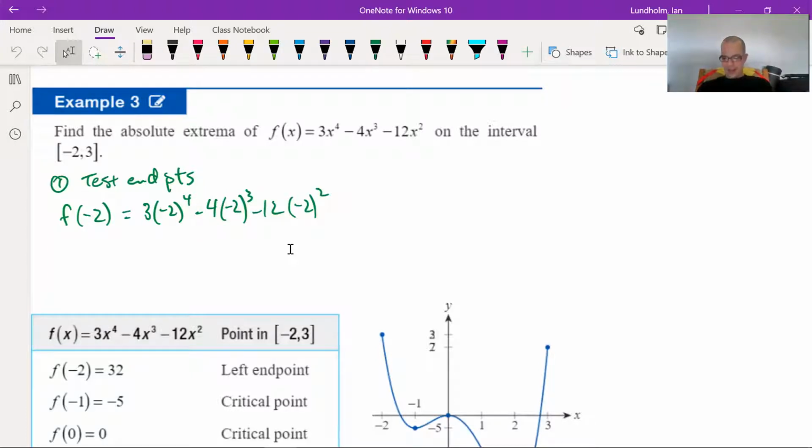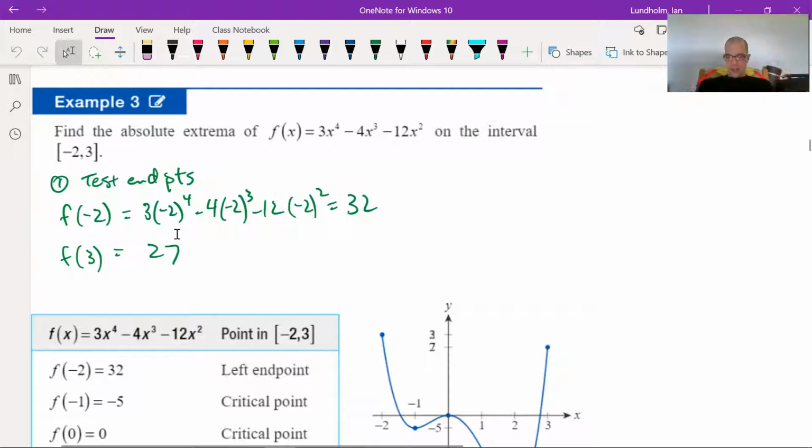All of that ends up equaling 32. Similarly, if we go all the way to the other end of the interval, f of 3 would equal 27 once you plug in 3 everywhere.